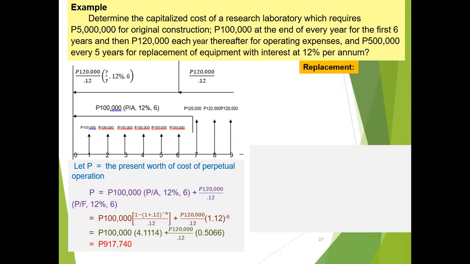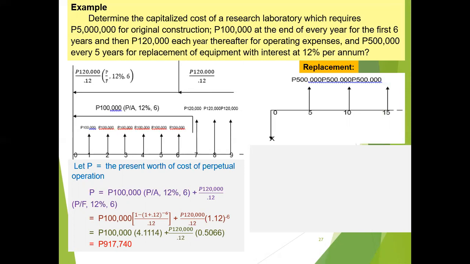So next is for the replacement. You replace every 5 years an amount of 500,000 for your laboratory equipment. So let X be the present worth of cost of perpetual replacement. X equals S, which is 500,000, since there is no salvage value of your equipment after 5 years.